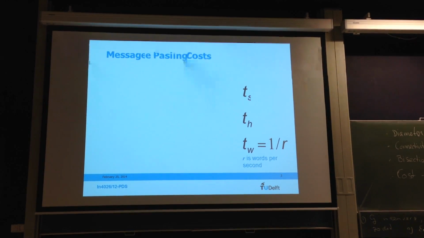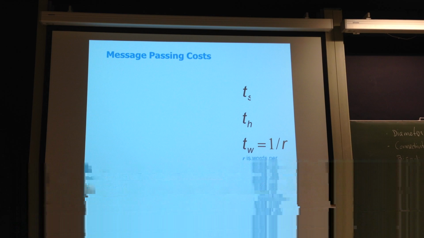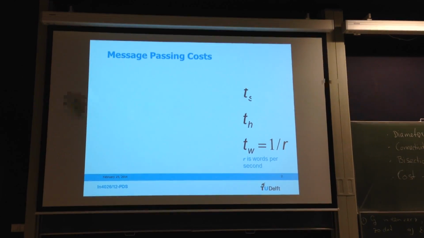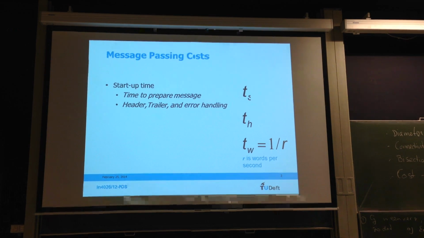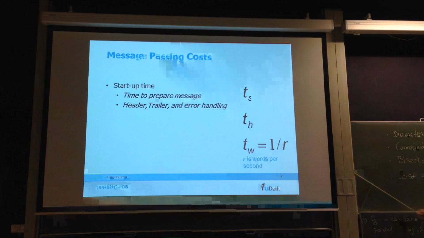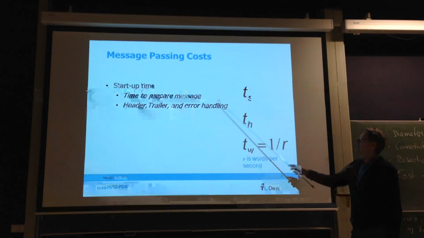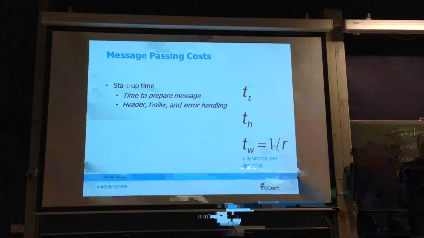Well, let's start with the cost of message passing. That's the cost of passing a message from one point in the system to another point in the system. What do we have to take into account in at least a reasonable model? First of all is the startup time, TS. Startup time is the time to prepare a message.